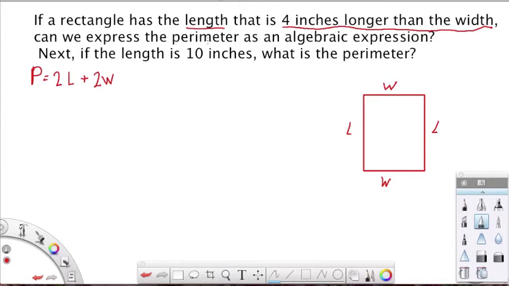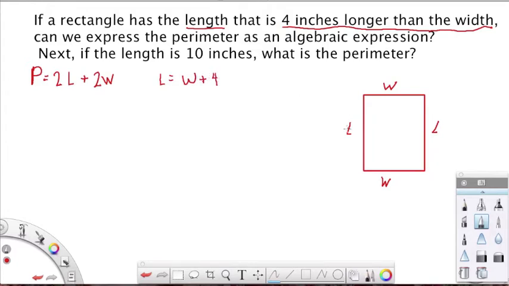They give us a set amount. They also tell us that the width is another numeric value. But here, what are they doing? They're saying that the length is 4 inches longer than the width. So that means we have to take the width, which is W, we don't even know what that is yet, and add 4 inches to it.